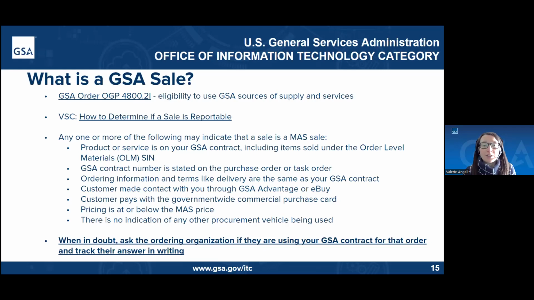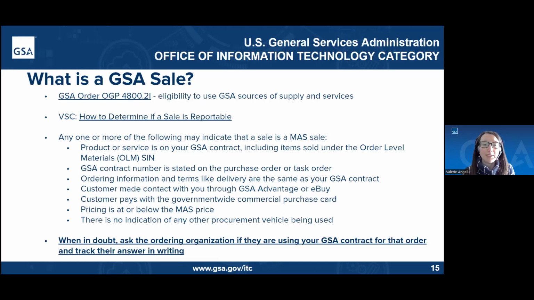So that's your first starting point to see if you have an eligible user. And if you're not sure if a user is eligible, check this list first. If you still are not sure, consult your ACO, your administrative contracting officer.